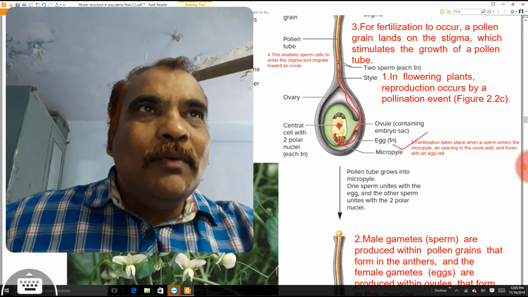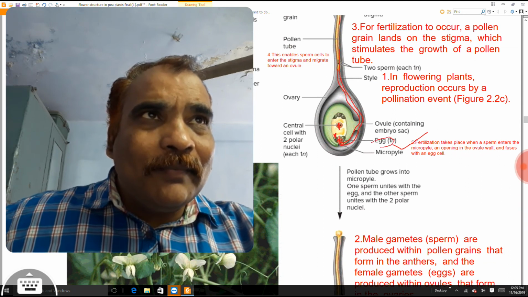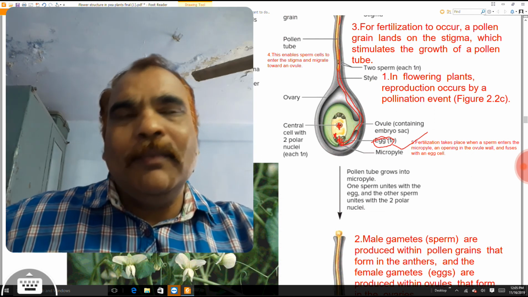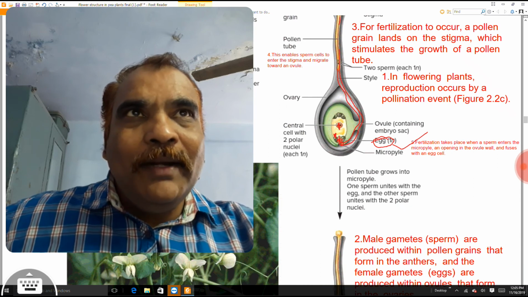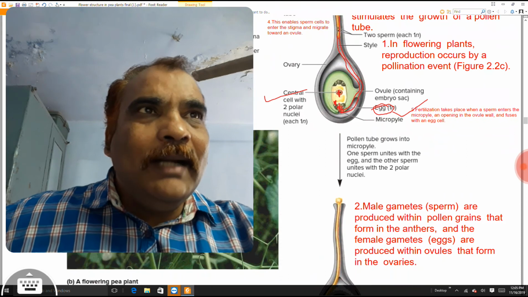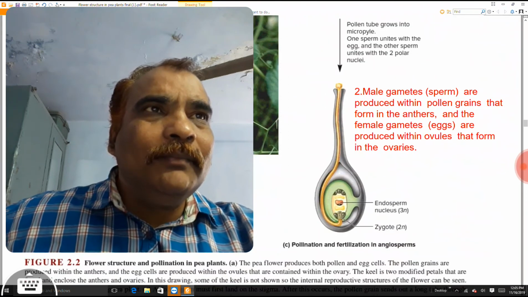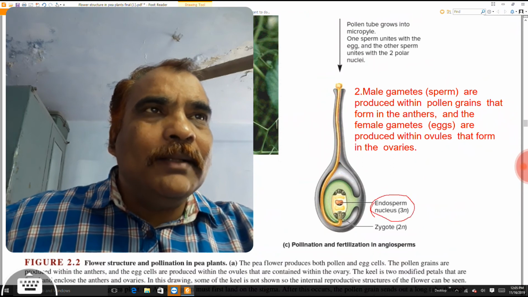Once the sperm joins with the egg cell, the zygote is formed. And when the other sperm joins with the central cell, that cell is known as the endosperm nucleus.